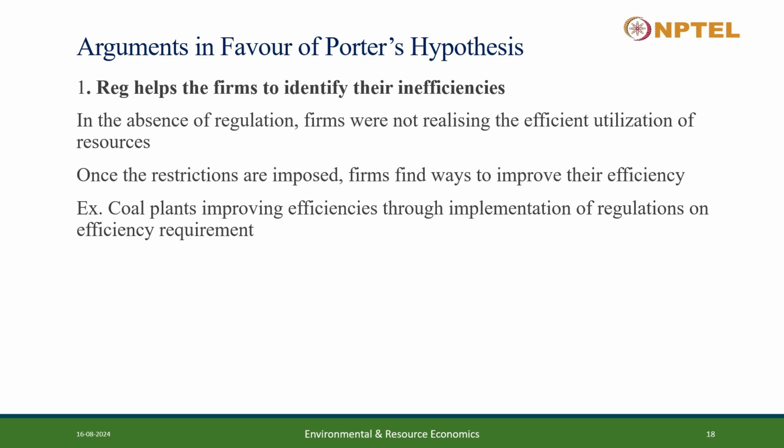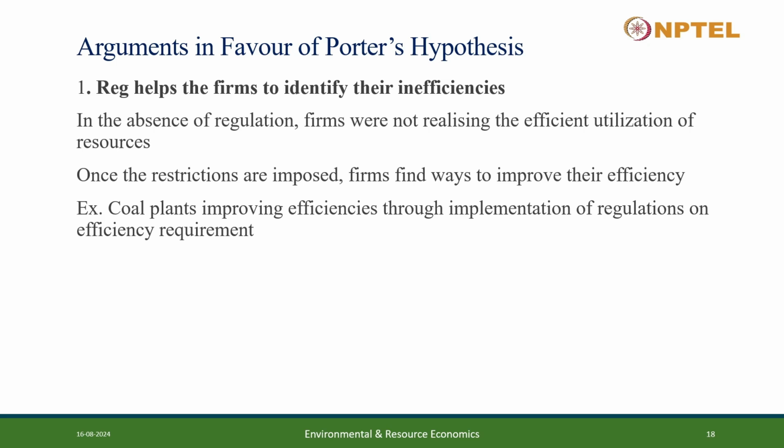If a firm is there, and the station heat rate is, let's say, X, and my station heat rate is more than X, then I'm using more coal to produce electricity. But the government is forcing me to reduce the amount of coal to produce the same amount of electricity, right? So the regulation is there, and anyway I'm forced to follow it.